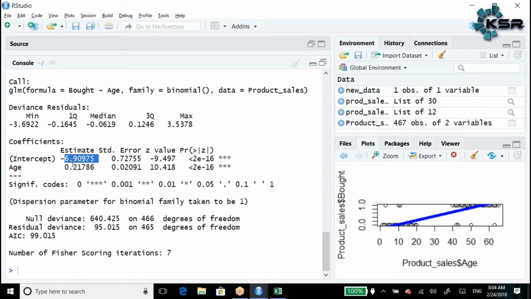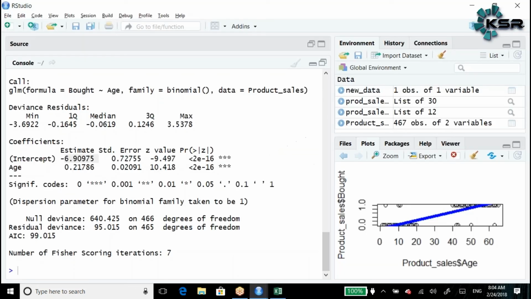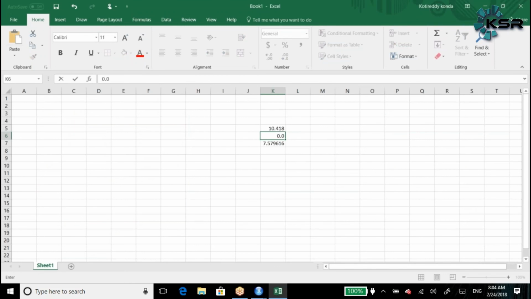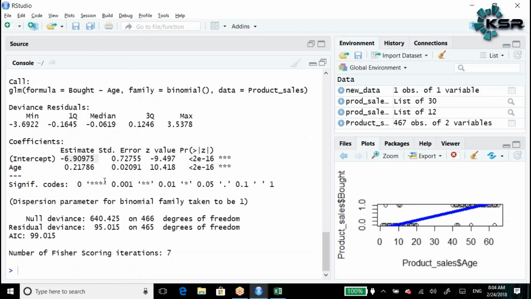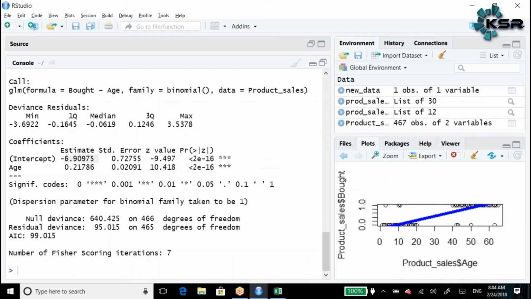Exactly the same, minus 6.9095. That means after 3 decimals, which cannot be considered, it is exactly the same. And here for age, if you multiply the 10.418, this one will be 0.0291, 0.21786, exactly the same, right?